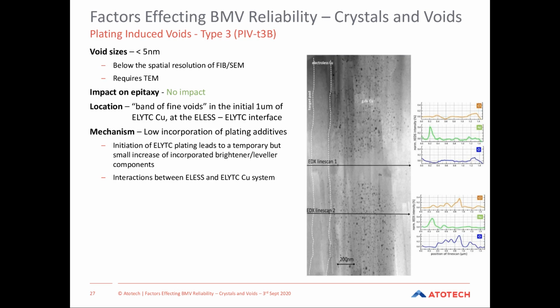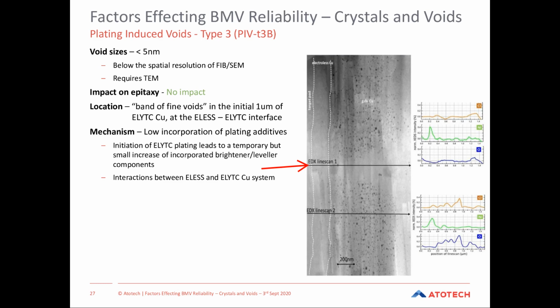Where line scan 1 was taken, there's no voids, which is great, because we then get the nickel spike identifying, which is the green line, identifying the location of the electroless copper layer. We then went looking for chlorides and oxides, because these are typical additives that would co-deposit, especially the chloride. And we didn't find particularly high levels of those. So low levels of adsorption of those additives didn't lead to voiding.